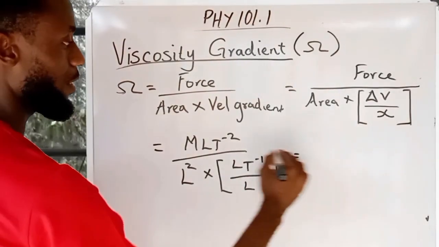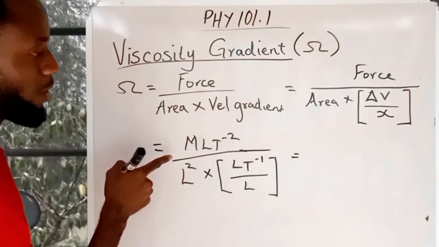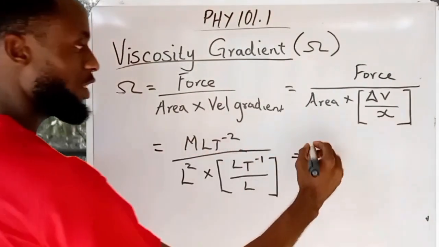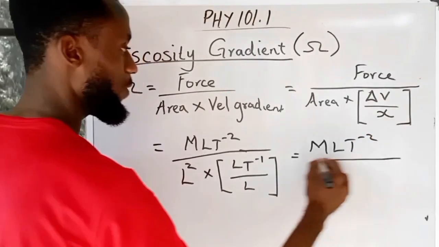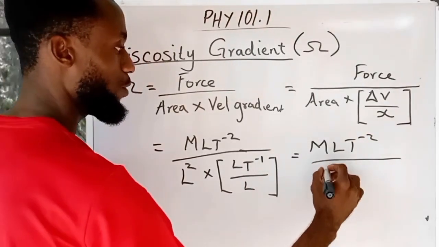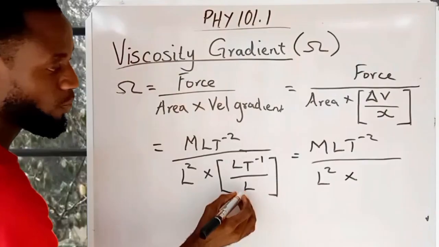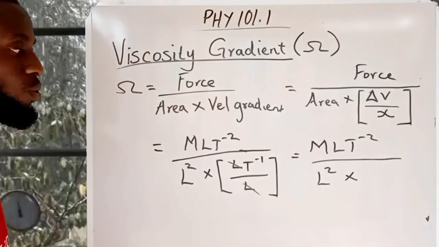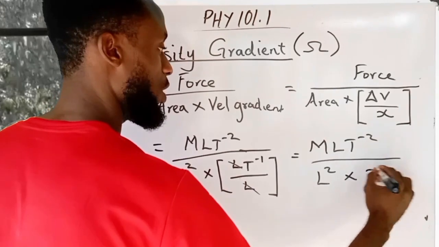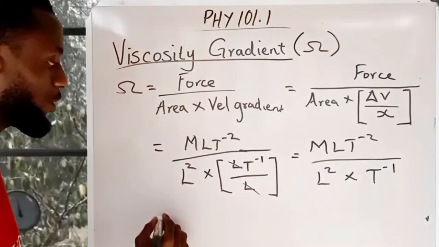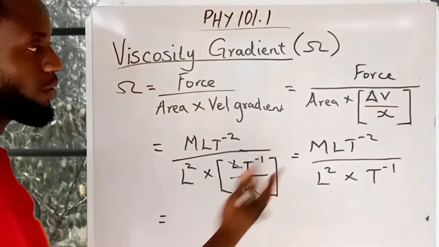Let's simplify. This is MLT^-2 divided by L squared times, here we can already see what's going on, so this becomes just T^-1.